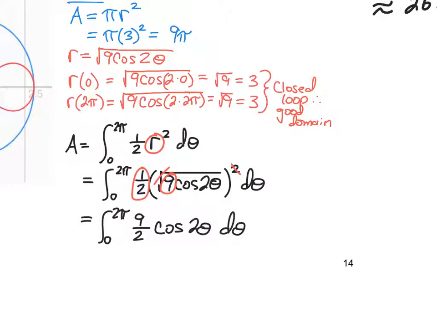So math 9, type in your function. I'm just going to write 4.5 cosine 2 theta d theta going from 0 to 2 pi.